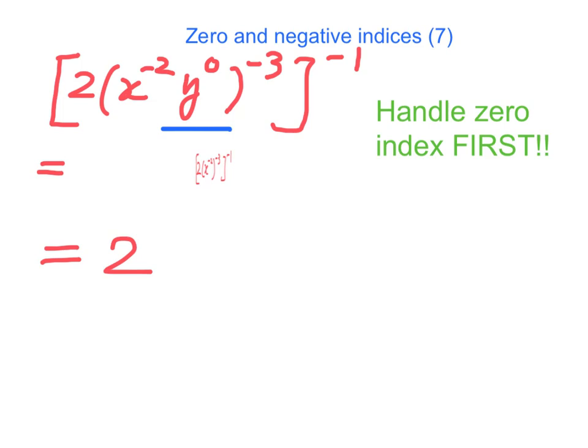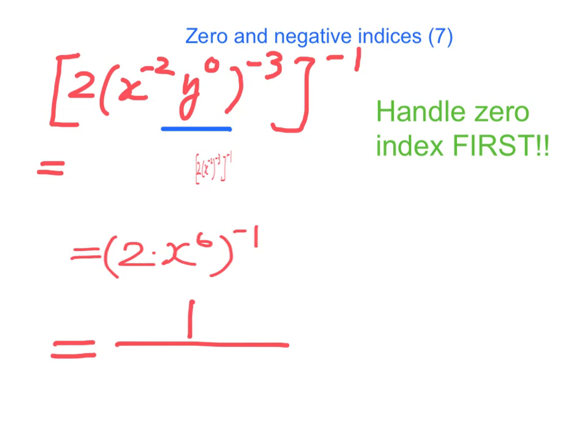So what we will have is x to the power 6, and then bracket negative 1. Now you can apply the law of negative index. Whenever everything inside the bracket has a negative index, you can move it to the denominator. That means 1 over 2x to the power 6.